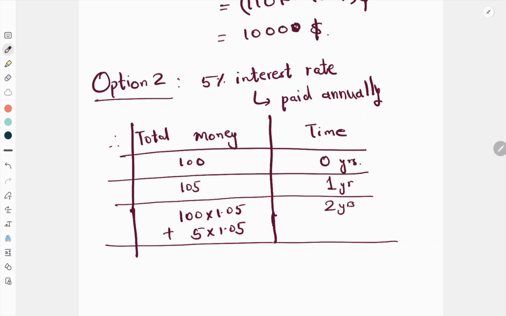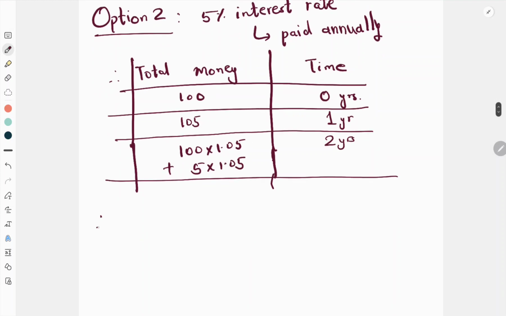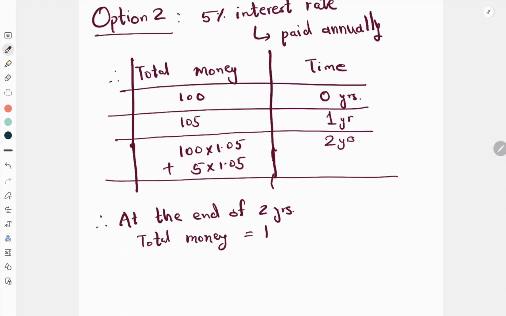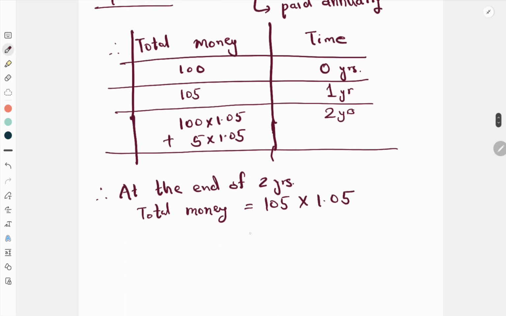So at the end of 2 years, total money is 105 times 1.05, which is 100 times 1.05.